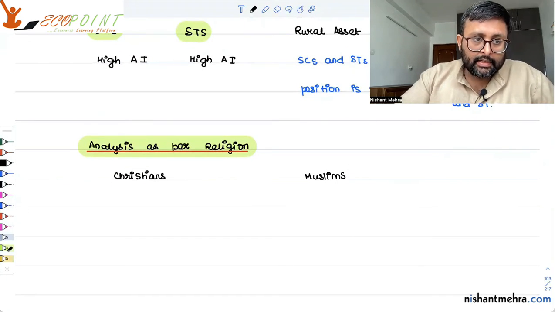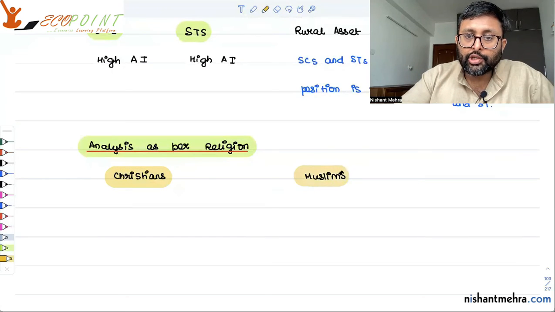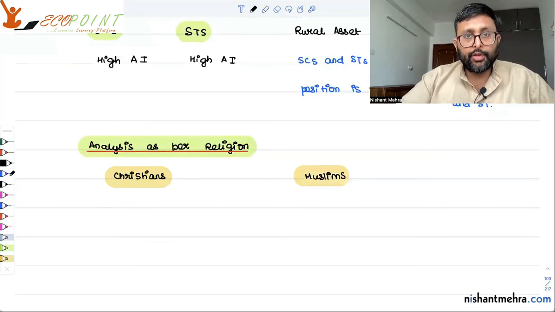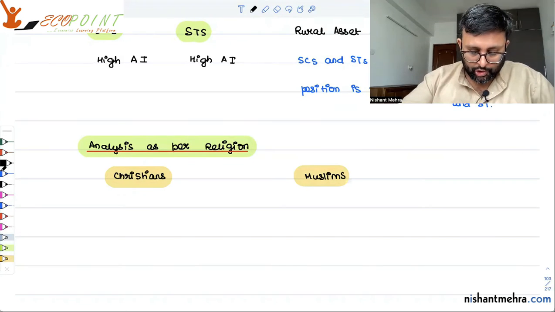As far as Christians are concerned, Himanshu says that they have the largest share of consumption and income as per their population share, their own population share. So it means that they have an advantaged position, right?